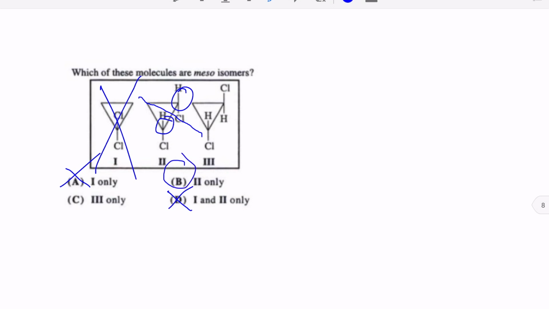But let's just take a quick look at option 3, just to be thorough. So whenever we look at these, we find that there are again 2 stereocenters.